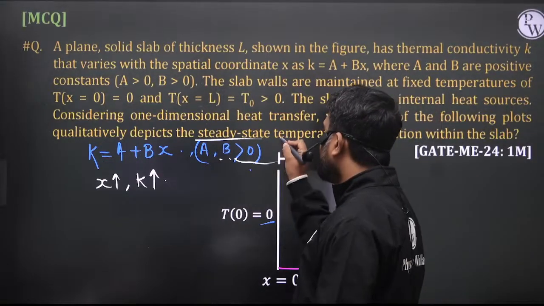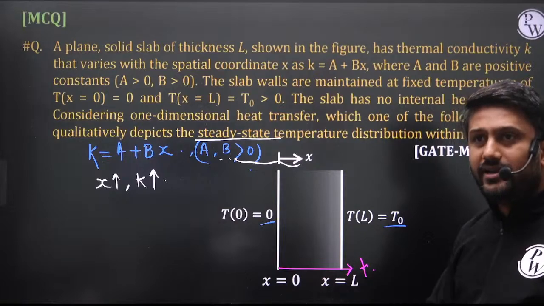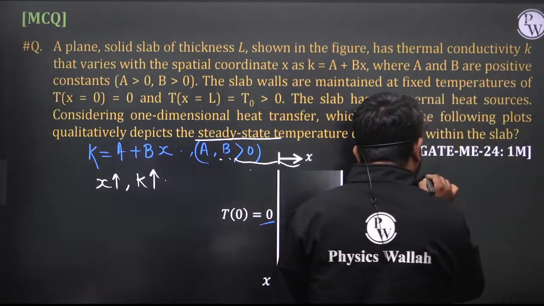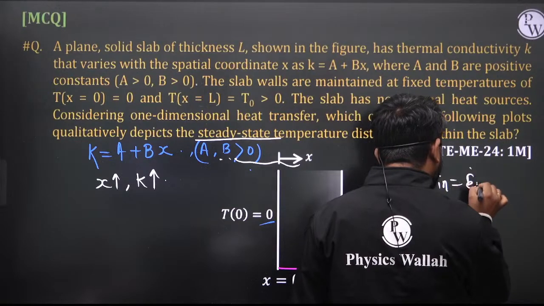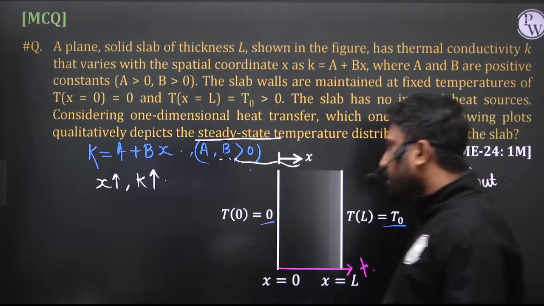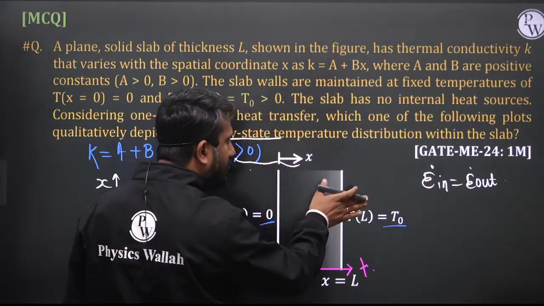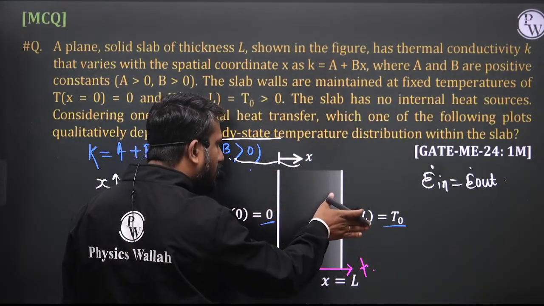There is no internal heat generation in this slab. So simply, the rate of energy in is equal to the rate of energy out. Energy in is in the form of conduction, and energy out is also in the form of conduction.